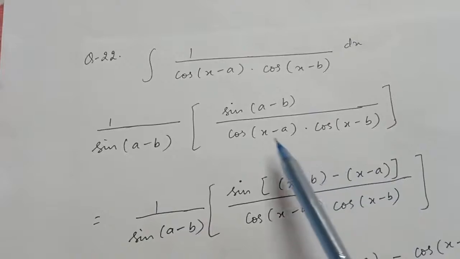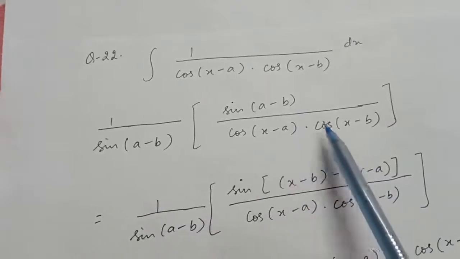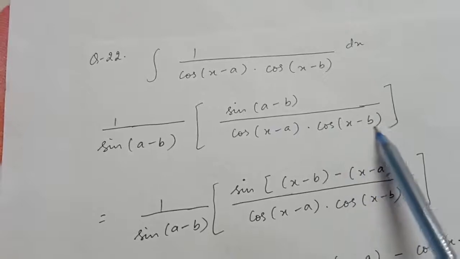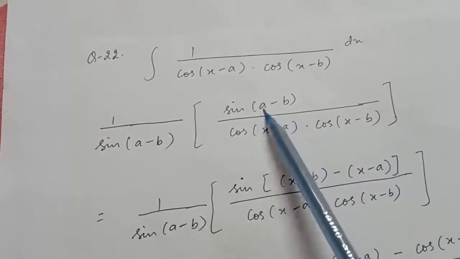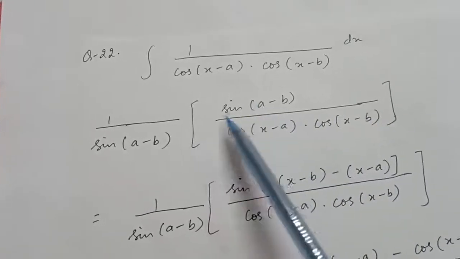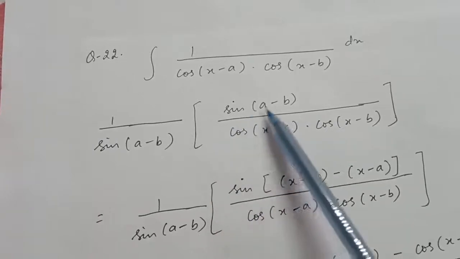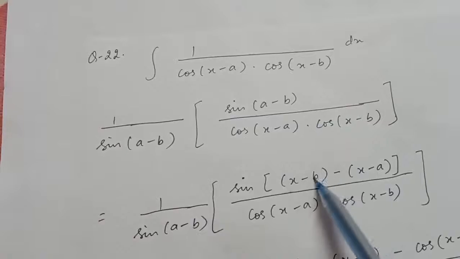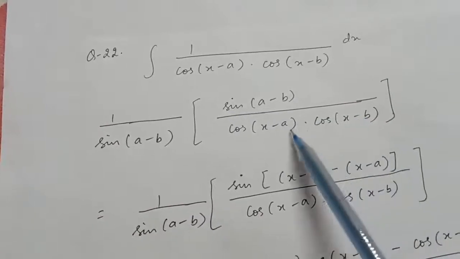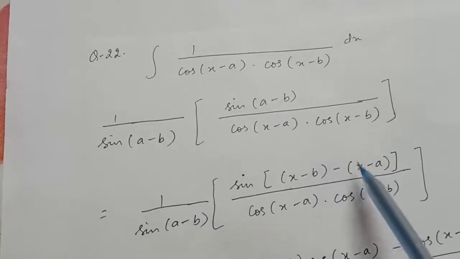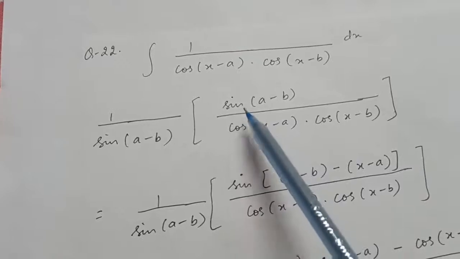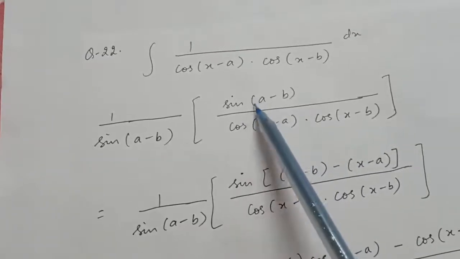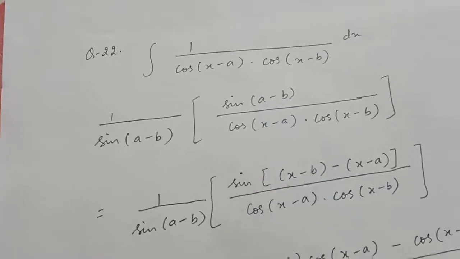So writing this a minus b in this form. Why? Because the angles of cos in the denominator are x minus a and x minus b. Therefore firstly we multiplied and divided the function with sin a minus b, and then wrote this a minus b in terms of these angles, right? Also, why I have multiplied it with sin and why I have not multiplied it with cos, I'll tell you this.